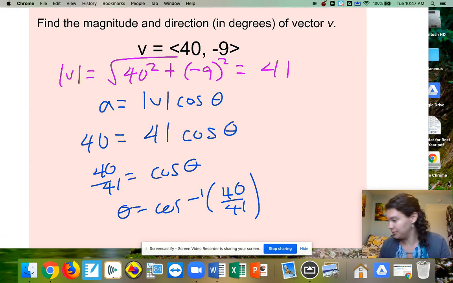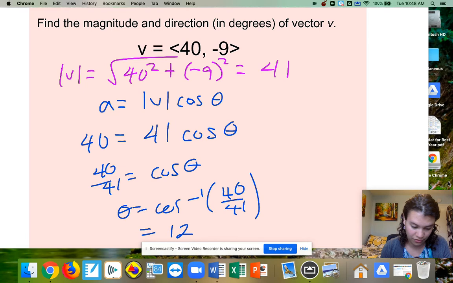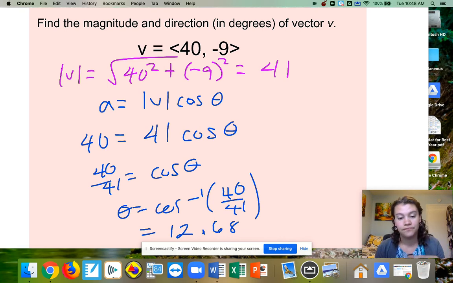This should give you, let me type it in quick, a decimal answer. So we want cosine inverse of 40 divided by 41. And I'm getting 12.68. One note here, make sure it's facing the right direction. If we go back to 4.7 when we did inverse trig, cosine's only ever going to give you the top half of the unit circle.